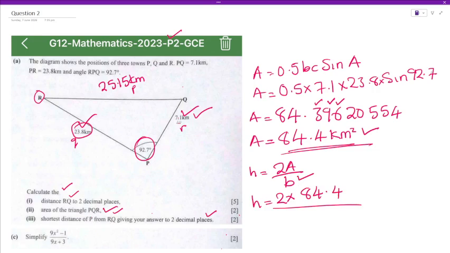Okay, RQ. What is RQ? Most of the cases they will give you the same question you actually solved. This is why they do this. They want to make sure that if this question was wrong, then you also get the next question wrong. Okay, so be very careful as you solve. So our RQ is 25.15.